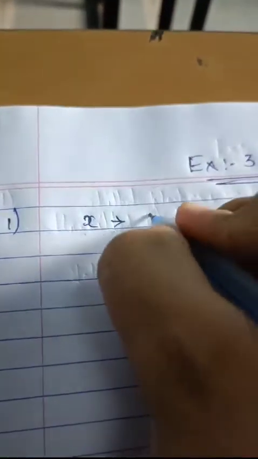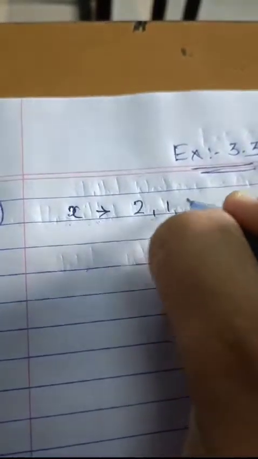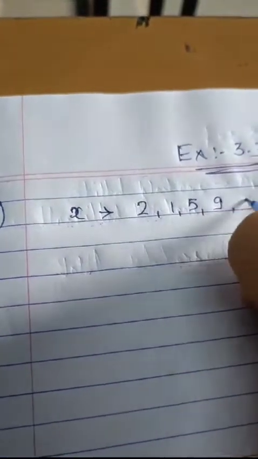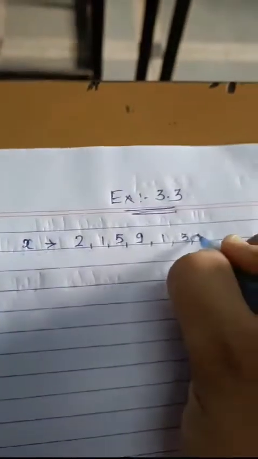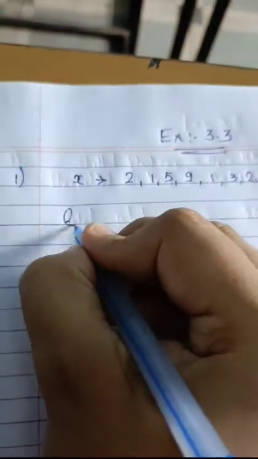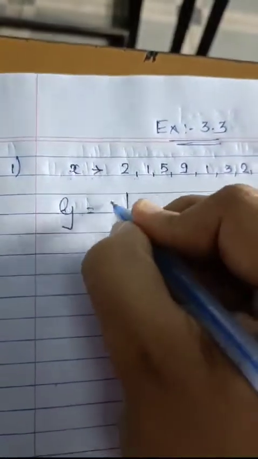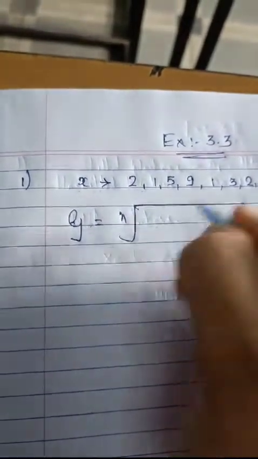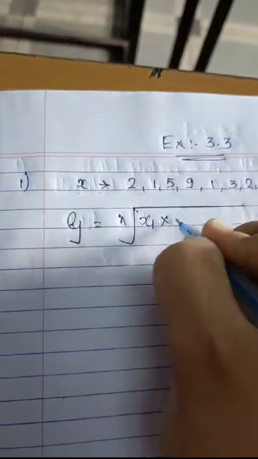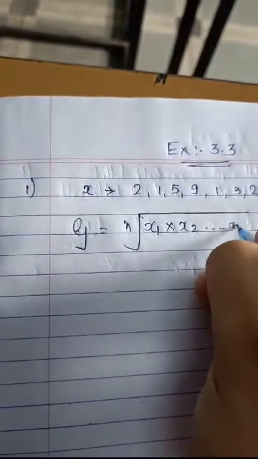Geometric mean is the nth root of x1 into x2 and so on up till xn, the product, that is the multiplication of all these terms, we will be doing.